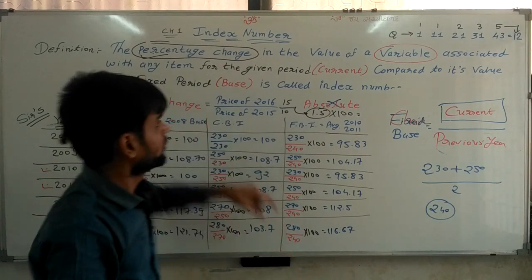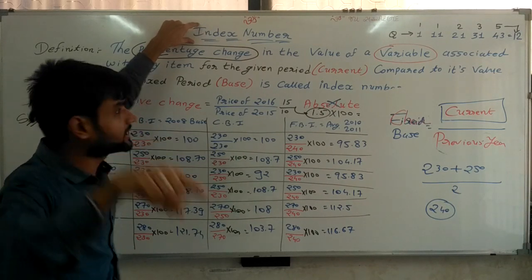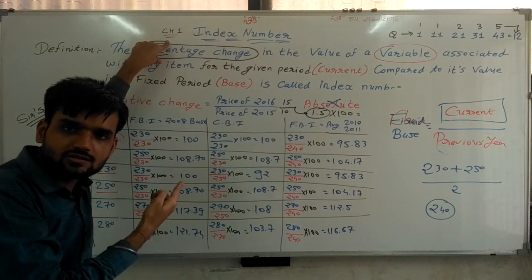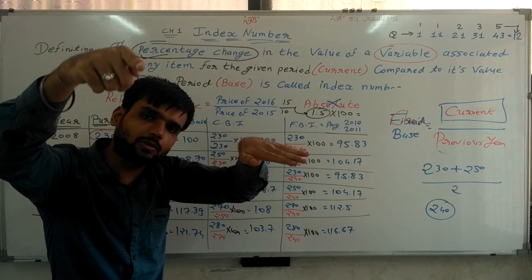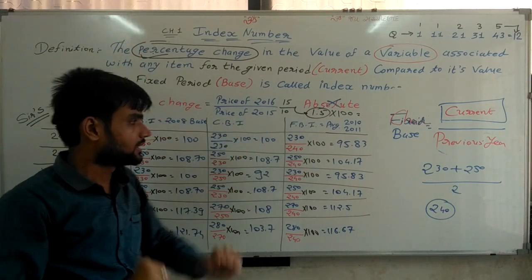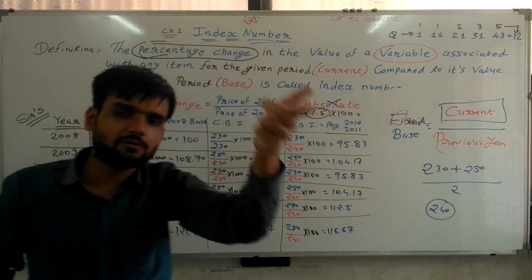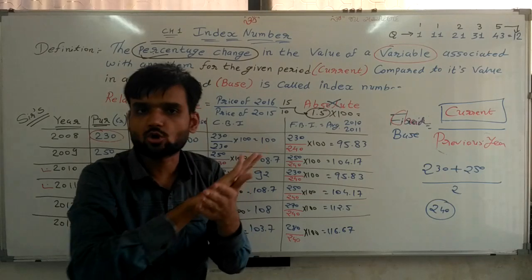So first of all, what index numbers are: index number is a percentage change. It means it's a relative change. Division and multiply with 100, then it becomes percentage. Fixed base means base remains same. Chain base means previous year as the base. Here absolute measurement is not considered.